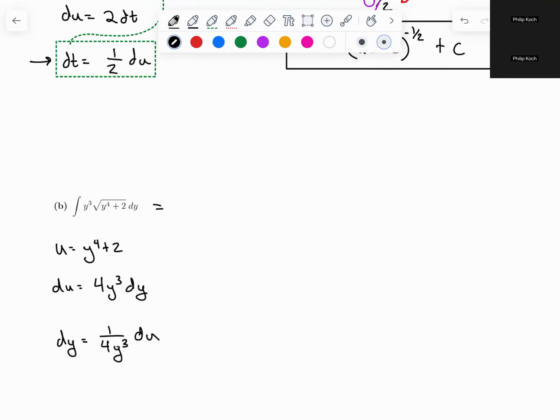So this becomes the integral of y cubed times the square root of u times 1 over 4y cubed du. And the y cubeds cancel. And remember that the square root of u is u to the 1/2. So this is equal to the integral of 1/4 u to the 1/2 du.